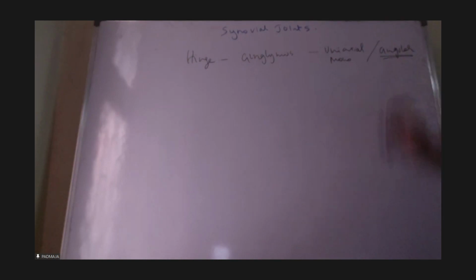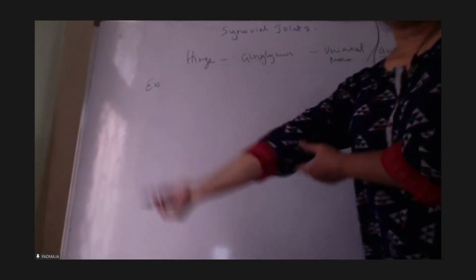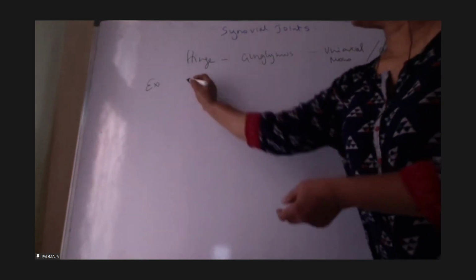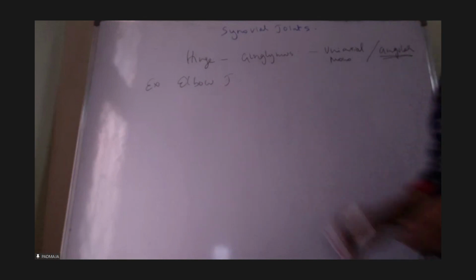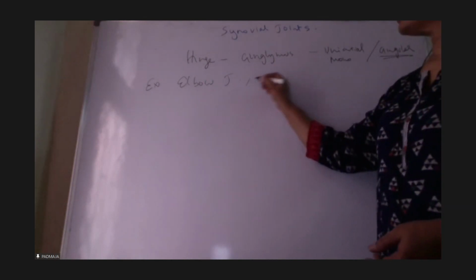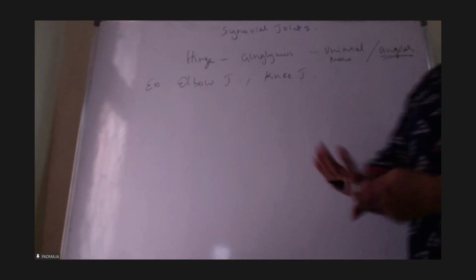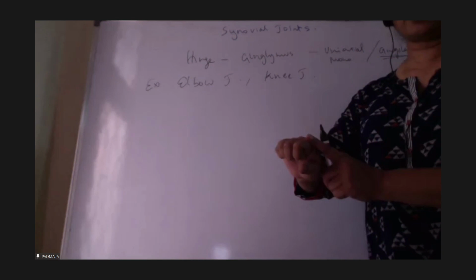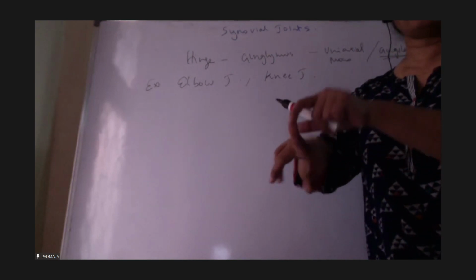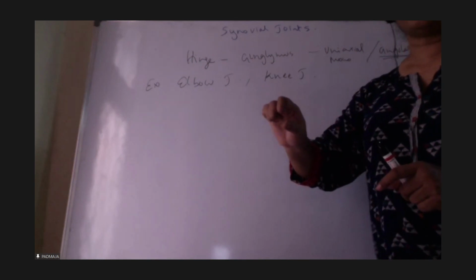Examples: elbow joint, your knee joint, and the joint between phalanges. Only one direction you can fold. You can't fold on the back side. Only one side you can fold. So angular.